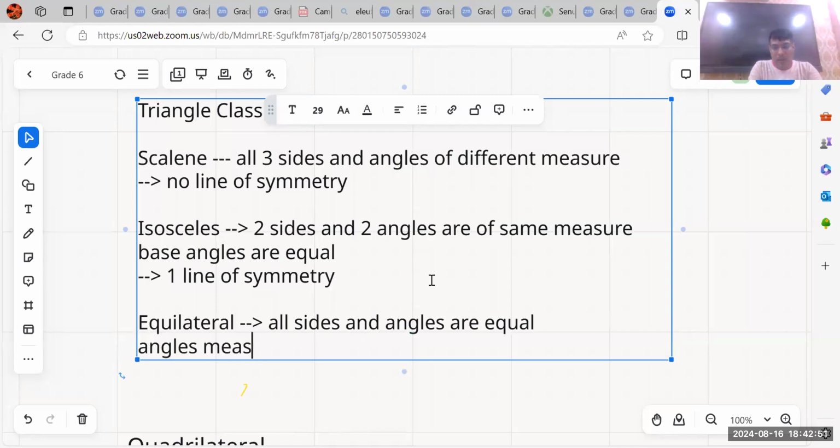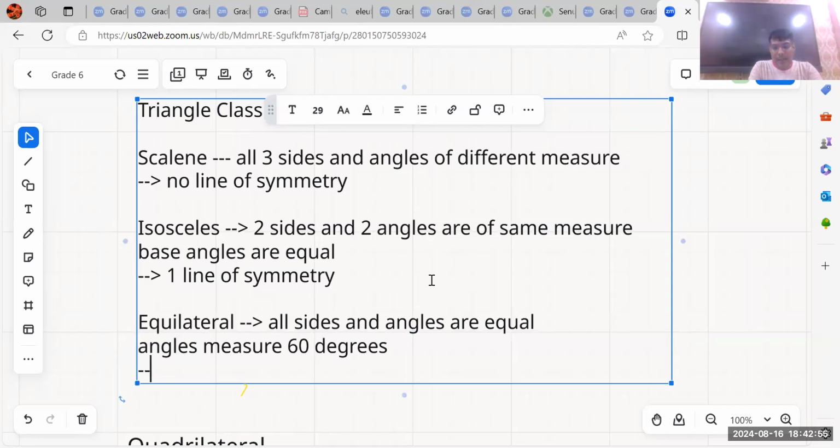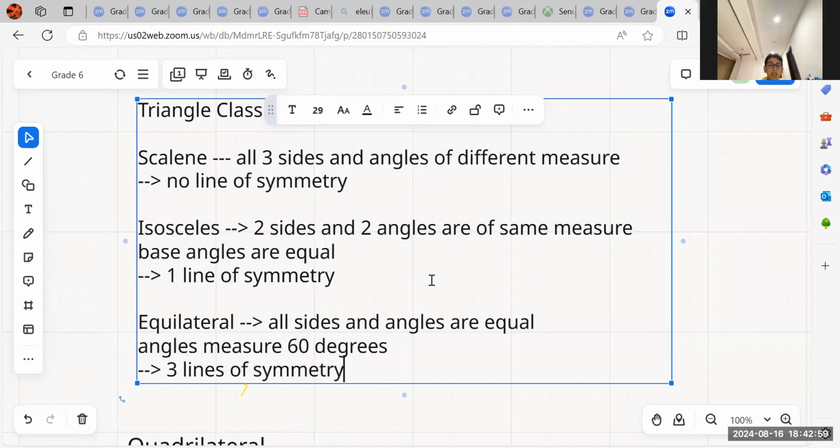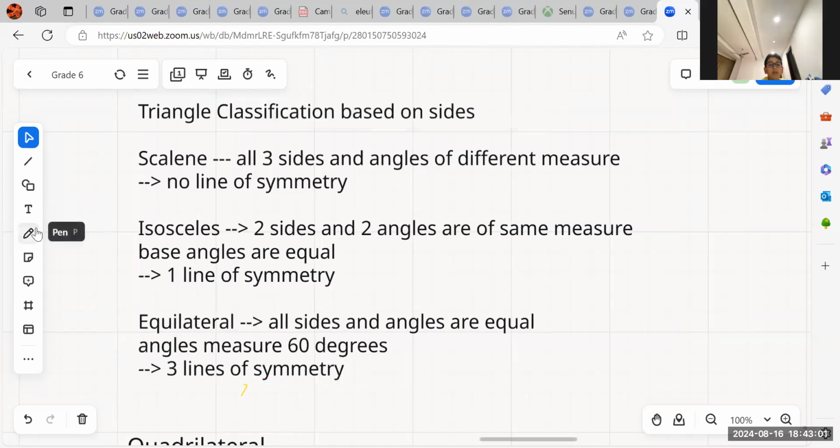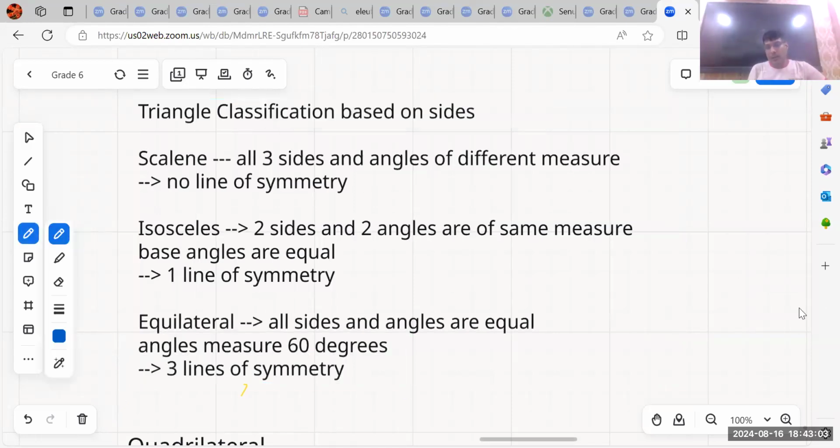Angles measure 60 degrees, because 180 divided by 3 is 60. It's compulsory 60 degrees.